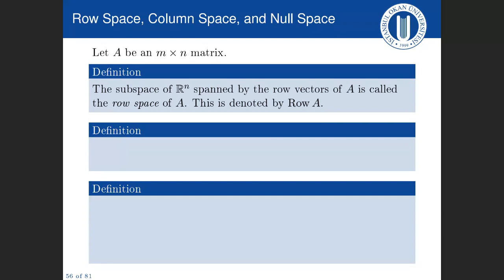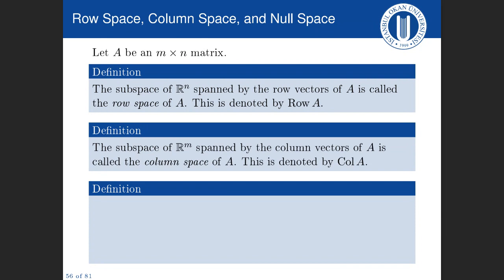So let A be an m-by-n matrix. The subspace of Rn which is spanned by the row vectors of A is called the row space of A, and we denote this as row A. The subspace of Rm which is spanned by the column vectors of A is called the column space of A, and this is denoted by col A. And then finally, the null space of A is this subspace.